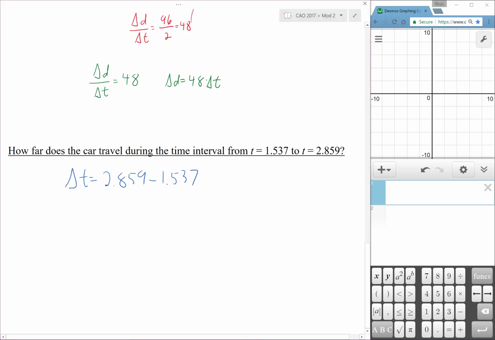Since the car travels at a constant speed of 48 miles per hour, we know that the corresponding change in distance has to be 48 times as large as this change in time. So the change in distance is 48 times as large as 2.859 minus 1.537. We can use our calculator to actually compute this change in distance.